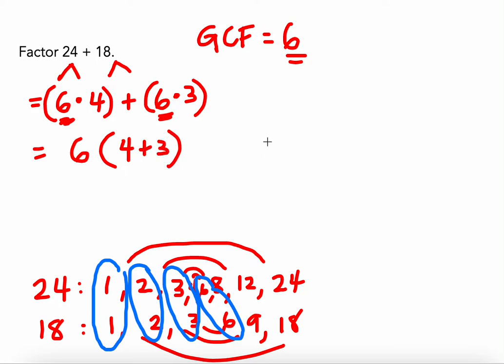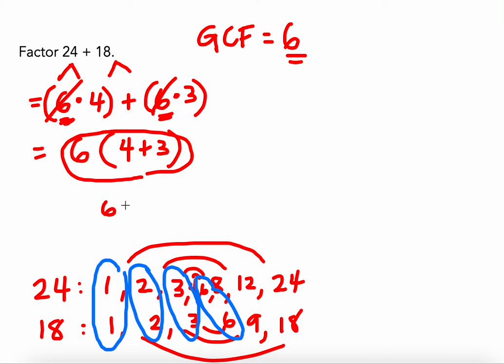Sorry, they both have a 4 and a 3 left over after we take out the 6. That's what's left over. Okay, so this is the new algebraic expression after I factor out the 6.